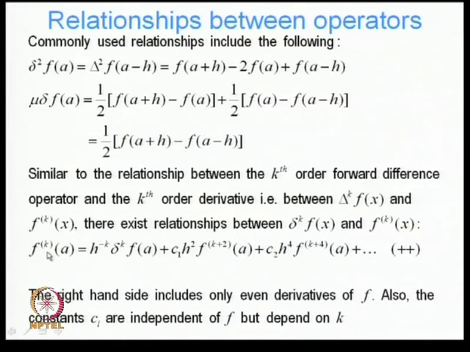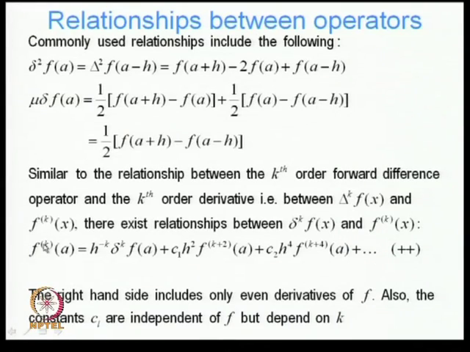It says that the kth order derivative of a function is related to the kth order central difference operator like this, plus these terms. You can see these are terms involving h square, h4 and so on, and they also involve higher order derivatives of the function evaluated at a.